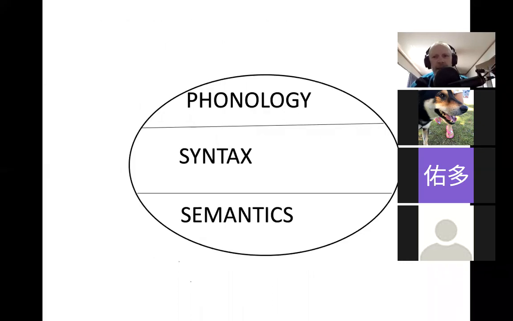Three things, right? Three things: phonology, syntax, semantics. And you notice there are three kinds of signs. A word is a sign. A word is a kind of sign. It's a funny kind of sign. And we think of it having three parts: the sound, the grammar, and the meaning. And maybe only humans have syntax.